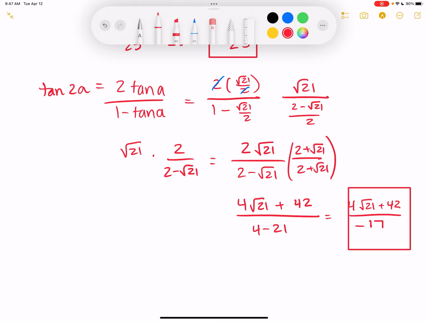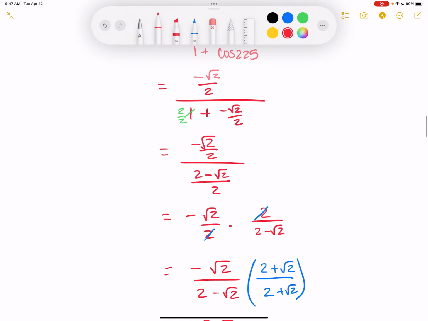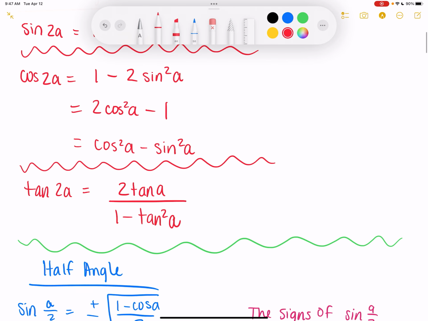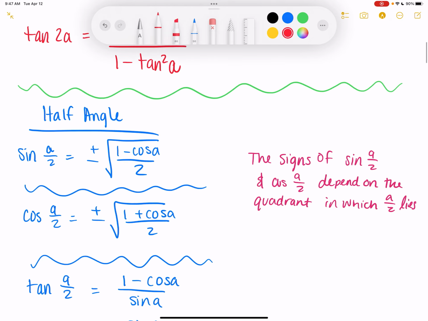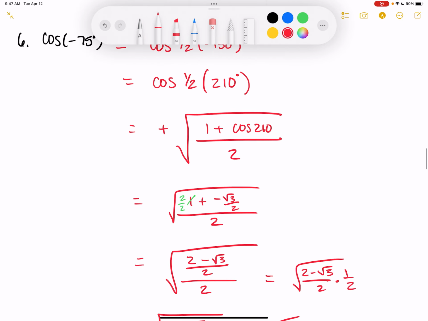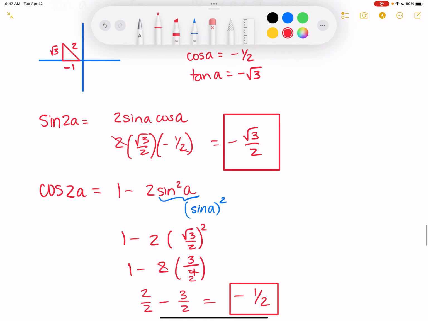Give me a second. Wait, did we use the right formula? No. I have 2 tan A over 1 minus tan squared A. I don't know if we did. You might have had the wrong formula. Does that also mean we did the last one wrong too?